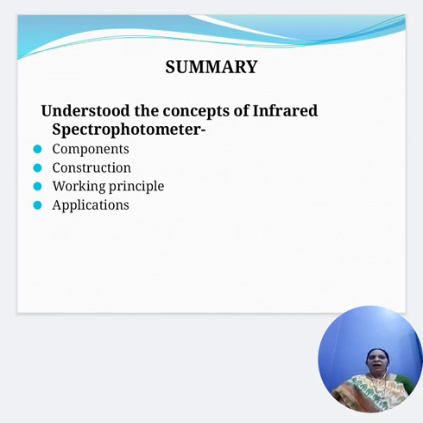Then we have the Globar source, which is a silicon carbide rod whose length is 50 mm and diameter is 5 mm. It has a positive temperature coefficient of resistance, and it emits infrared radiation when it is heated to very high temperature.